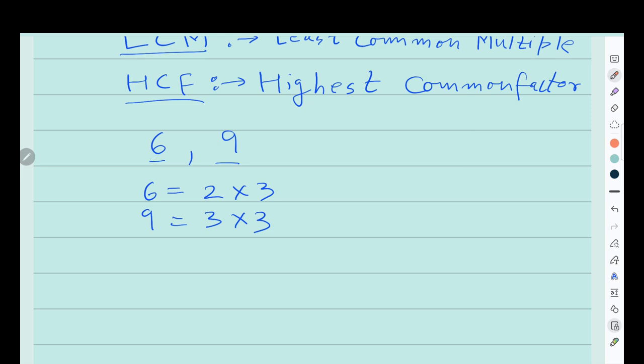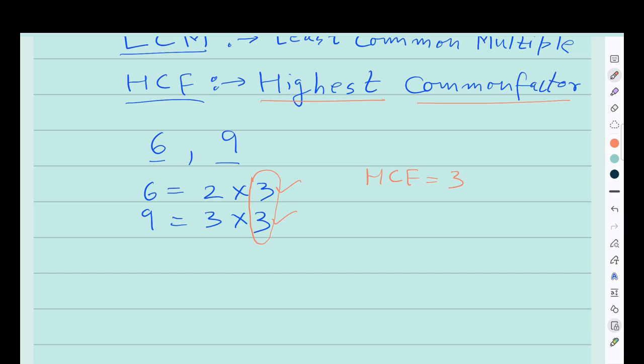What is the highest common factor? Common means which is present in both, so the highest common factor is 3, isn't it? So HCF is 3.